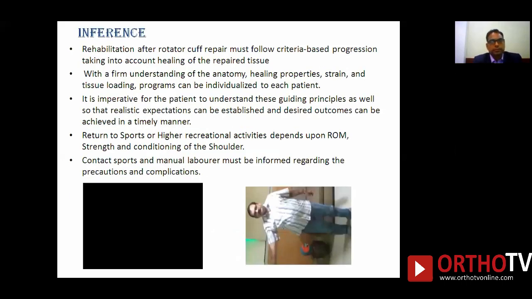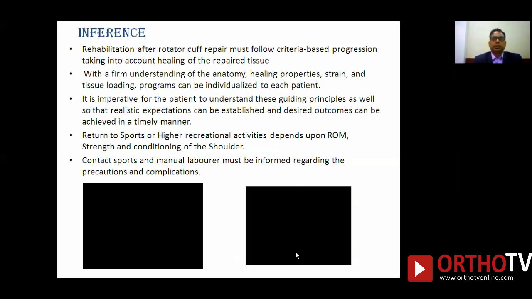So, what are the inferences from the schedule? Rehabilitation of the rotator cuff repair must follow a criteria-based progression, taking into account healing of the repaired tissue. There should not be excessive stress on the repaired tissue, and the initial period of immobilization of 2 to 3 weeks is extremely important to prevent not only strain on the tissue but also the formation of scar tissue.